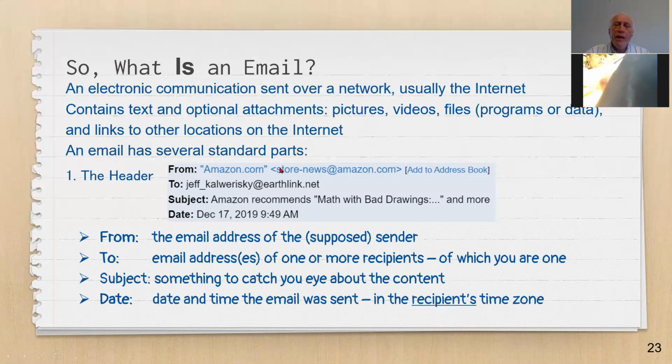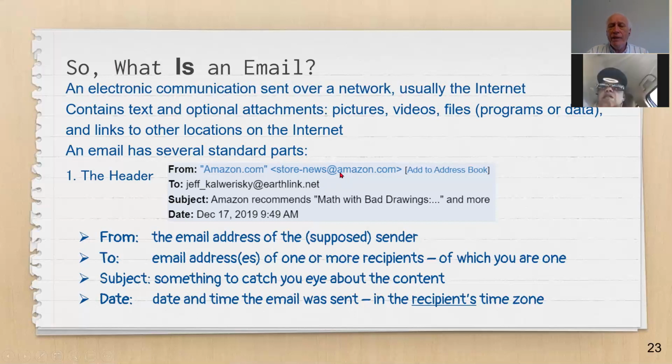Get it? Now, the important part is here, like I said earlier, between this less than sign or left arrow and the right arrow. That's where the real email address is. And all email addresses have three components. They have an @ sign in the middle, as you know, like @gmail.com. They have a name or department, either a person's name or a department number in a company, on the left.